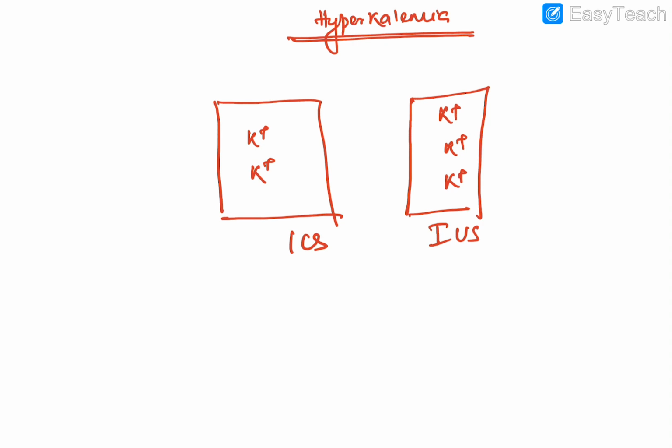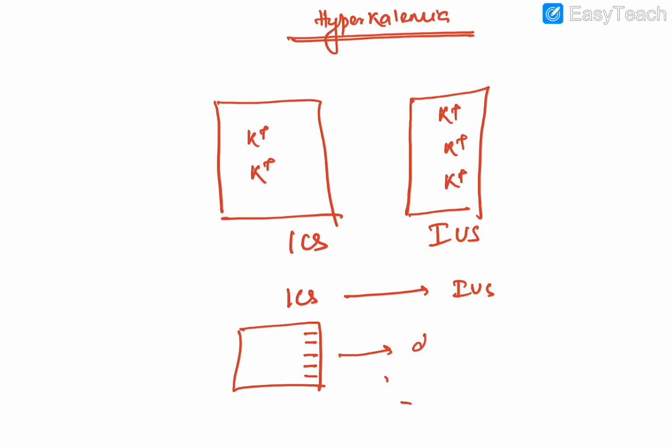As we discussed in the previous slide, because of movement of potassium from the intracellular space to the intravascular space, the inside of the cells developed a negative resting membrane potential, and then they could be depolarized. Depolarization is basically the increase in the resting membrane potential from negative to positive.